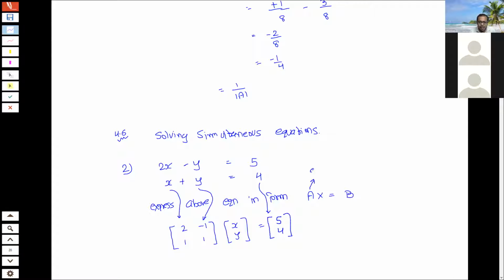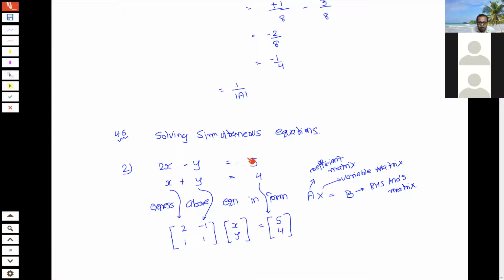Where A is the coefficient matrix, X is the matrix of variables, and B is the right hand side of the equation, the matrix of numbers.